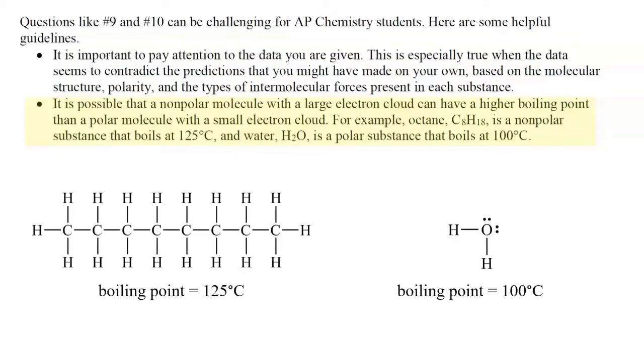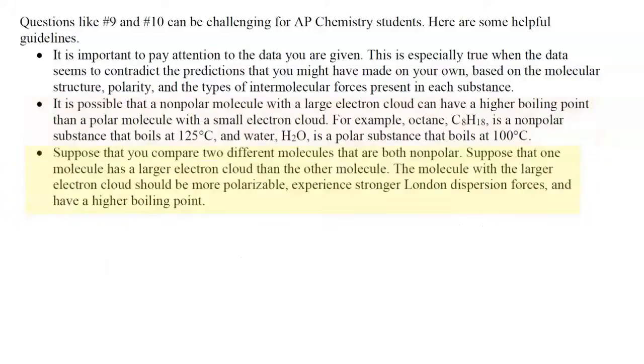For example, octane, C₈H₁₈, is a nonpolar molecule, and that substance boils at 125 degrees Celsius, whereas water, H₂O, is a polar substance that boils at only 100 degrees Celsius. Now suppose you compare two different molecules that are both nonpolar.